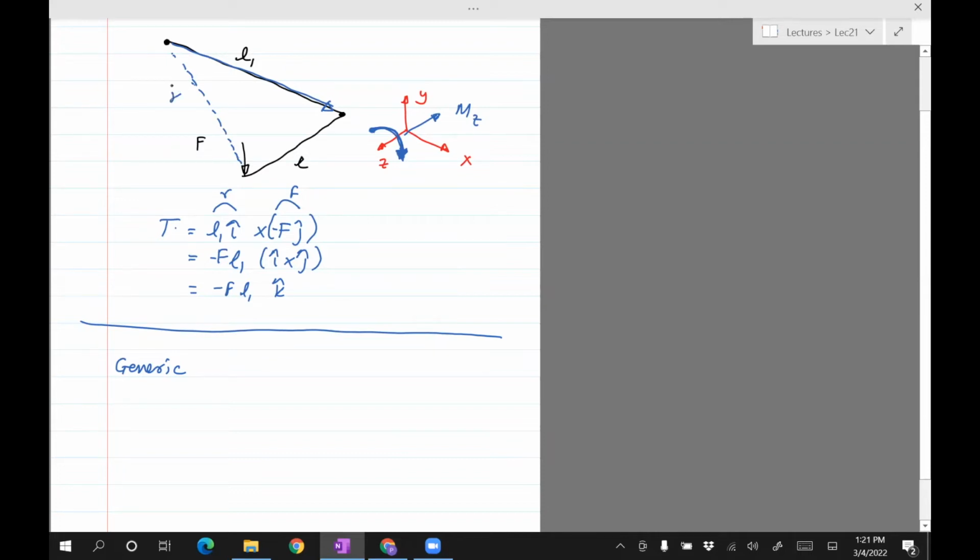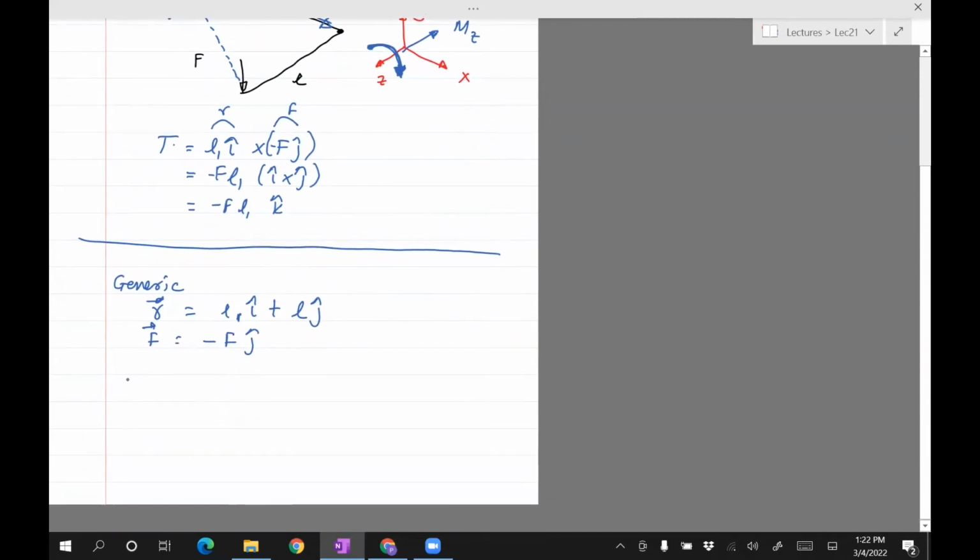Then you need to write r as L1 i plus L j, which gets both components in one shot. L1 is along i, L is along j, and F is along negative j.